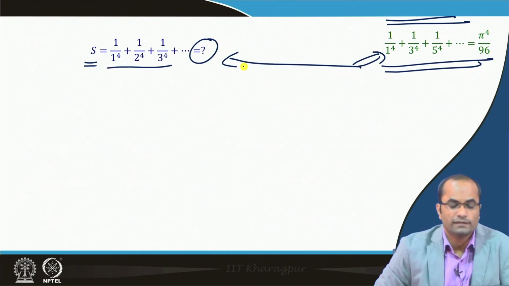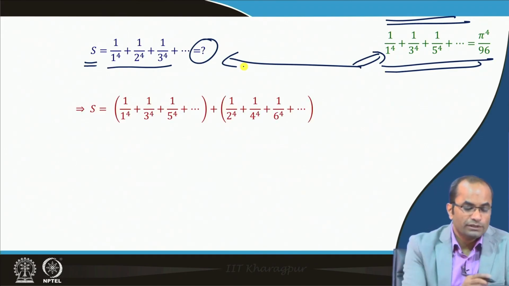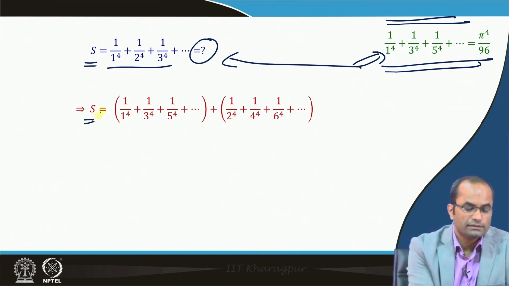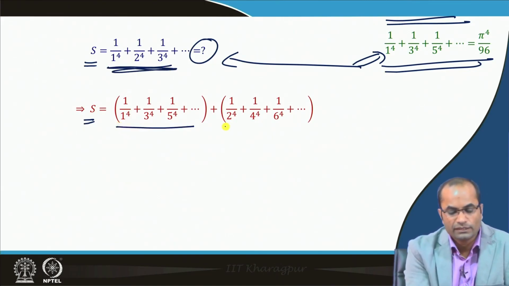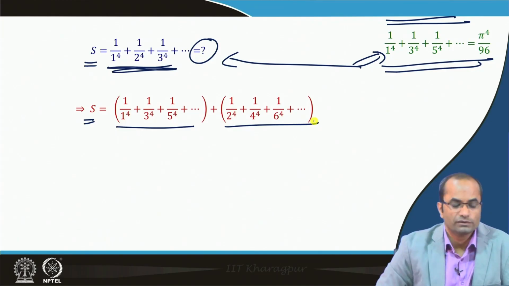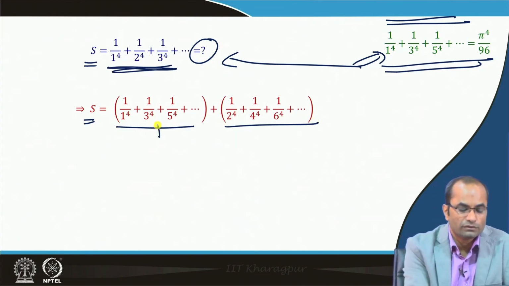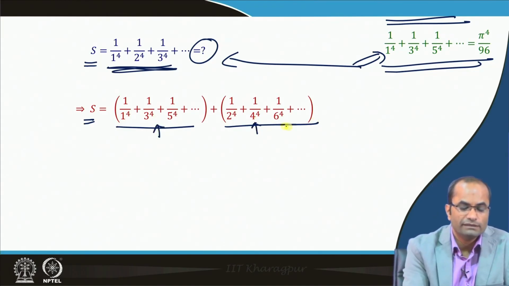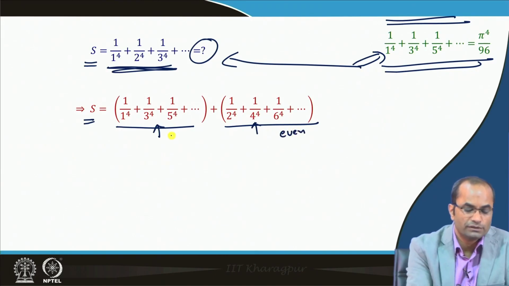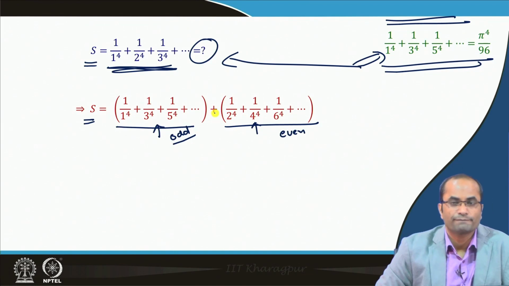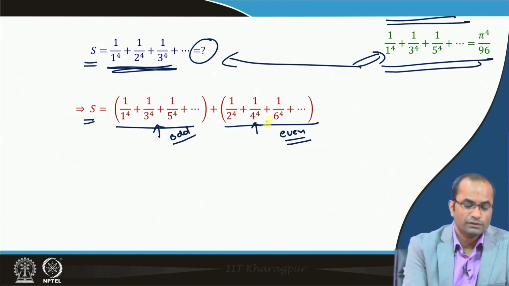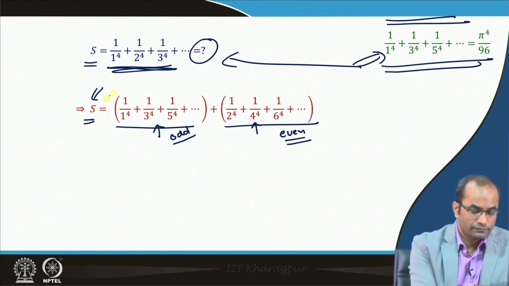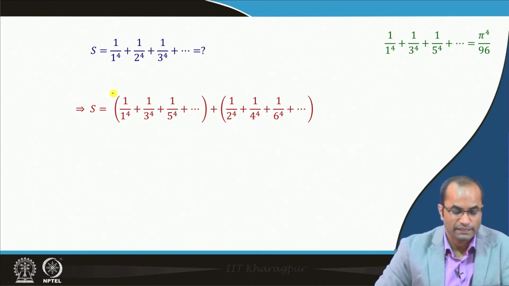The trick here is that if S is this complete sum, we can split it into two portions, one having only the odd terms and the other having the even terms. Here we have all the odd terms 1, 3, 5, etc., which add up with the even terms to this complete S.